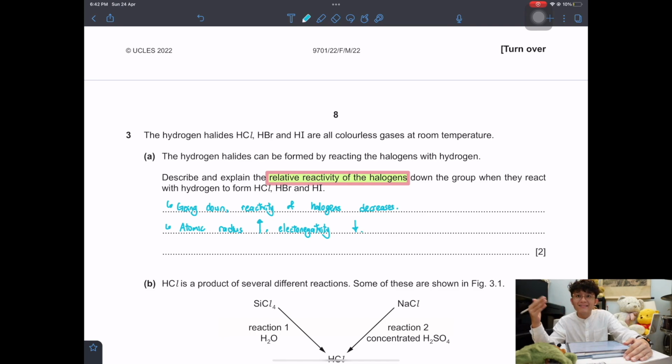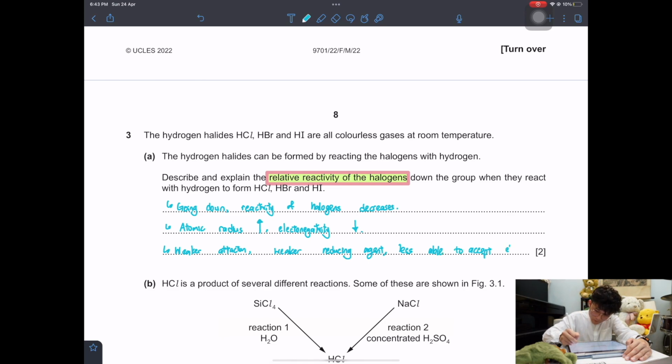So it's less and less able to accept electrons. You can mention weaker attraction. So they are weaker oxidizing agents now, because they are less able to accept electrons, right? Any question? So far so good?